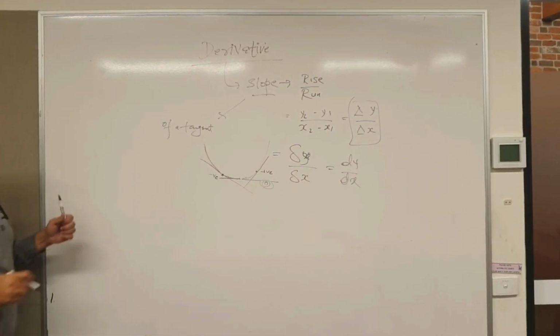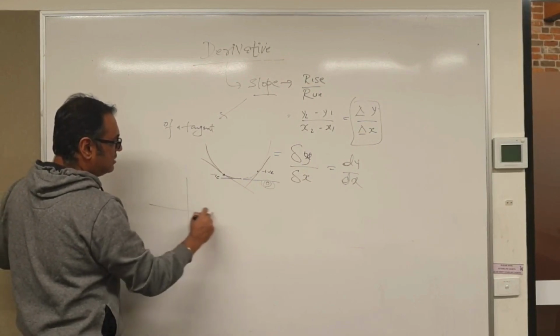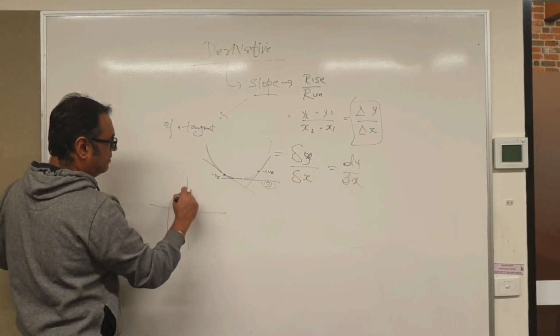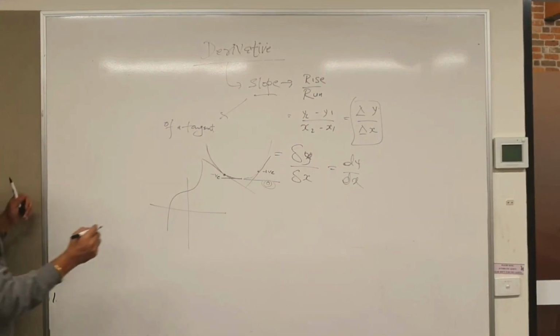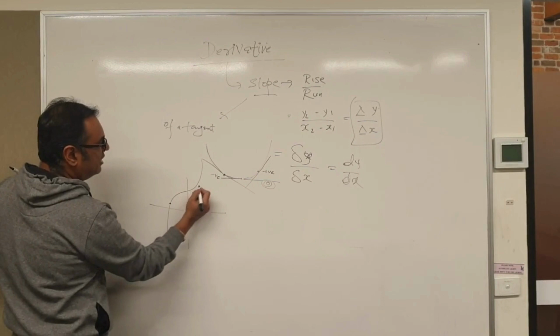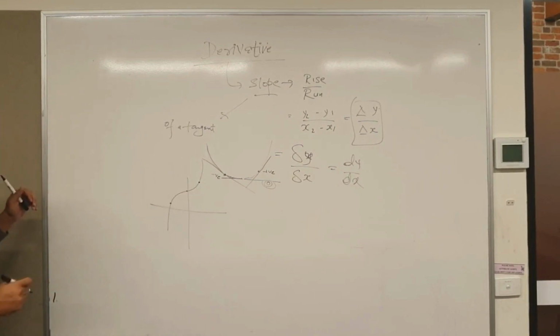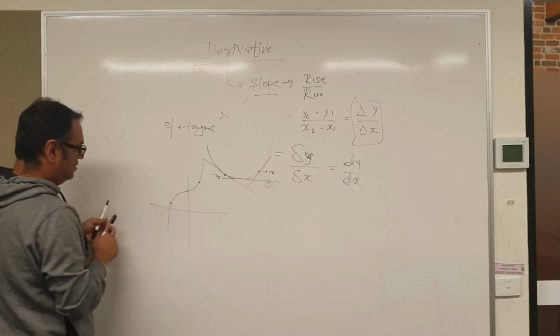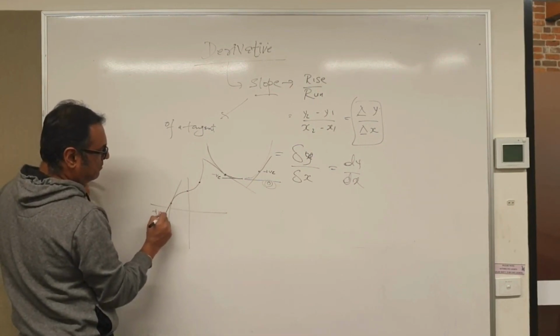Right? If I build it, you could have a curve like this, a cubic curve. So if I say, okay, give me the tangent here, give me the tangent here, give me the tangent here. So the tangent at this point could be like this, a positive.